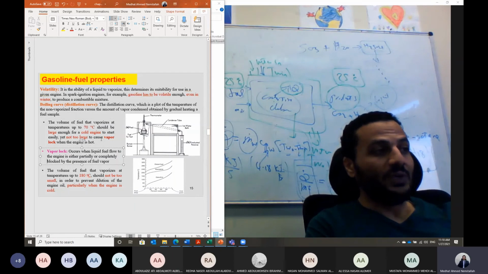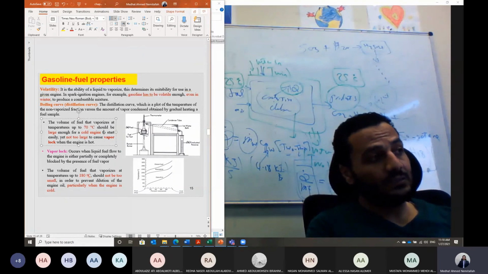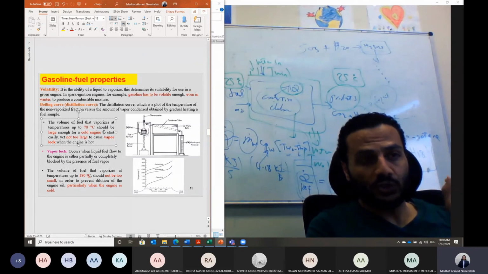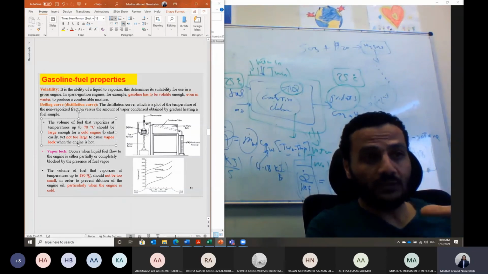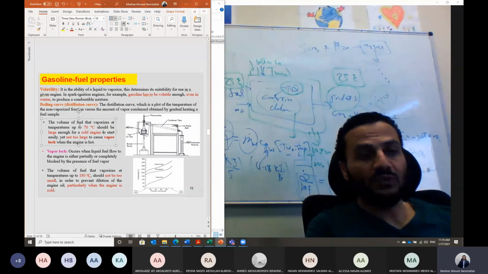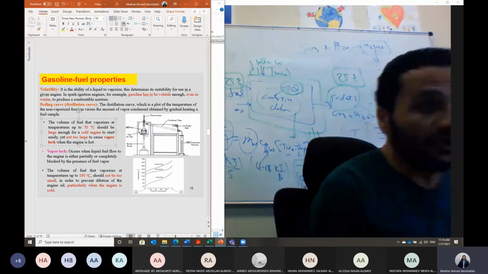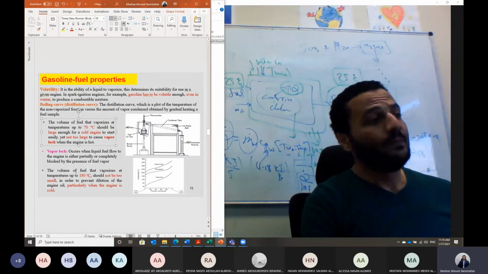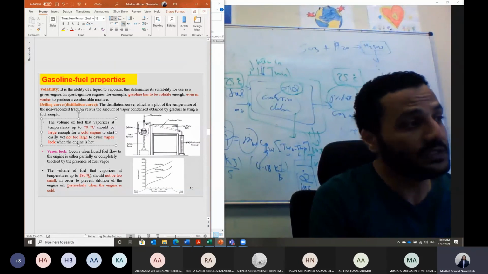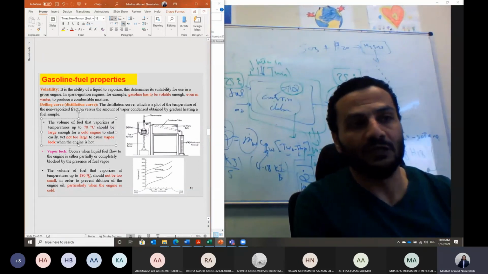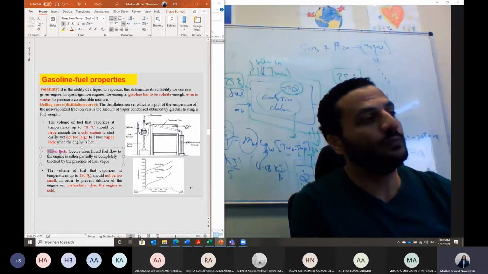But we have to make sure, shabab, that this volatility is not too much. At the engine cold start, if the fuel is much more volatile, a significant amount of fuel will be injected and converted to vapor. But the engine does not need all of this fuel. So this vapor will get stuck in the fuel line, and it causes vapor lock.